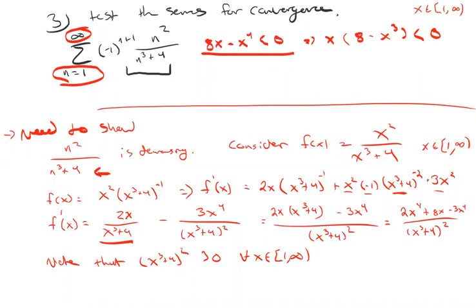So we're assuming that x is positive and non-zero, so we can divide both sides by x. We're not going to flip the inequality because it's positive, and we're not going to divide by 0. So we're only concerned with 8 minus x cubed being less than 0, which tells us that 8 is less than x cubed.